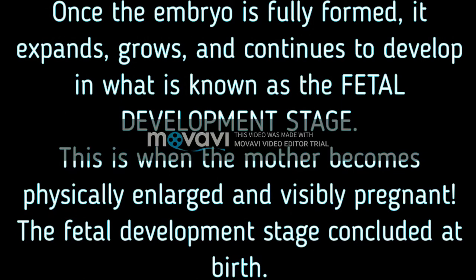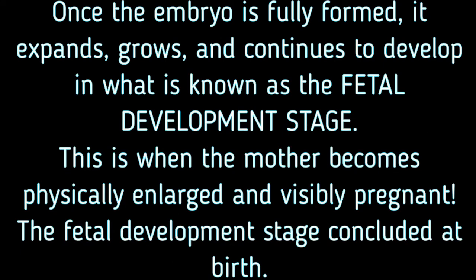Once the embryo is fully formed, it expands, grows, and continues to develop in what is known as the fetal development stage. This is when the mother becomes physically enlarged and visibly pregnant. The fetal development stage concludes at birth.